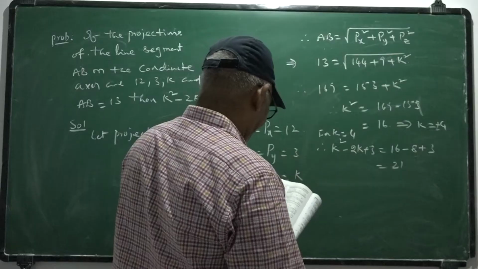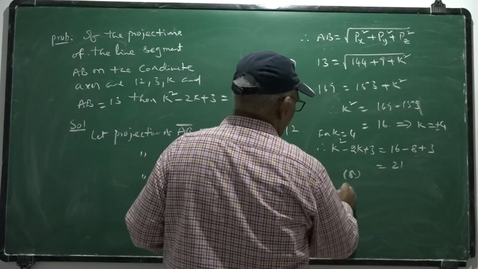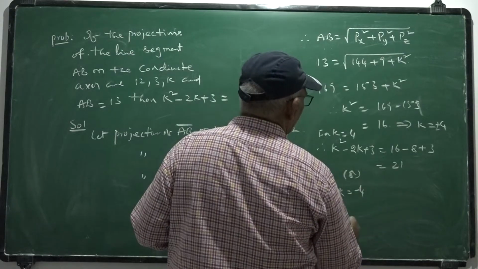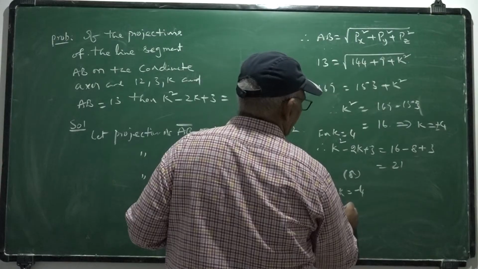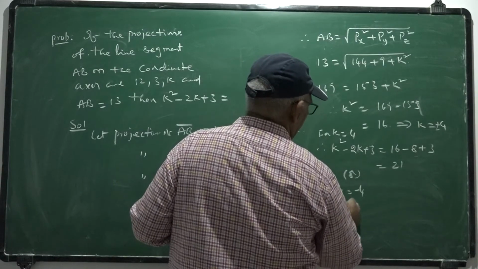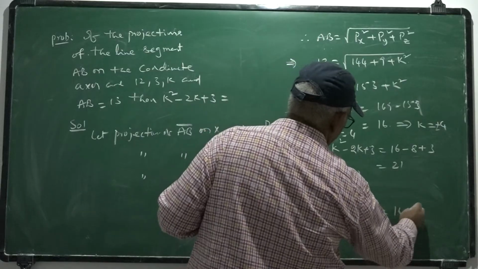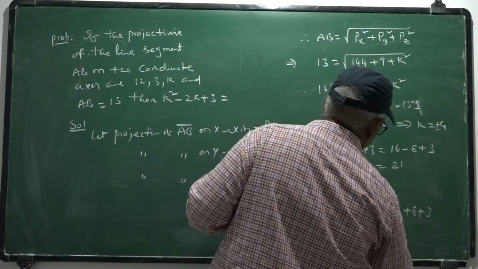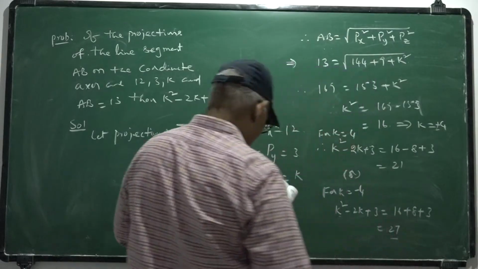Or for k equal to minus 4, we get 16 minus 2k plus 3 takes the value 16 plus 8 plus 3, 24 plus 3, 27.